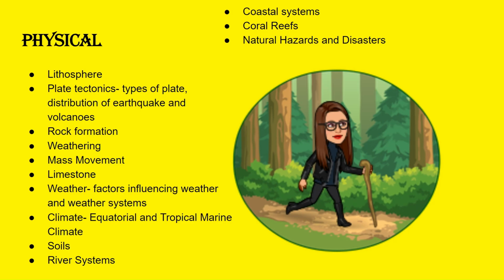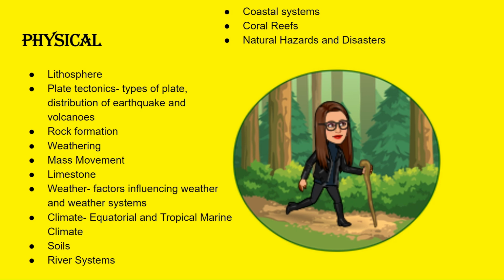Now, question number two has to do with physical geography. And as I said, we have no idea where questions are pulled from. However, questions are usually pulled from at least 5 different sections under physical. And the topics that you should be taught under physical are about the lithosphere, the different parts of the earth crust, the plate tectonics, so like the types of plate, distribution of earthquakes and volcanoes.